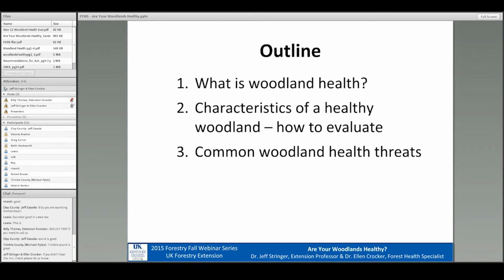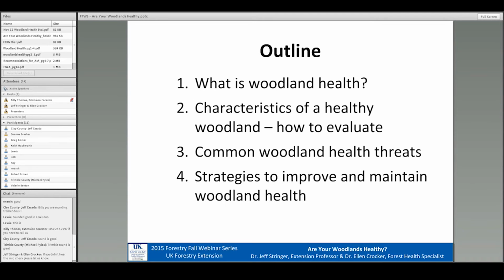As we mentioned before, when Billy was in here, we're talking about some common woodland health threats. And in the end, we'll talk a little bit about strategies to improve or maintain woodland health. We're going to cover a lot of ground, and we should be able to provide you with some idea of how to evaluate the health of your woodlands, or at least get you started in that direction.